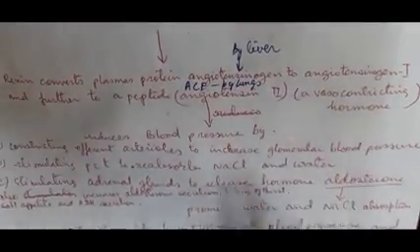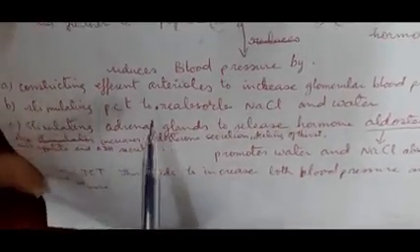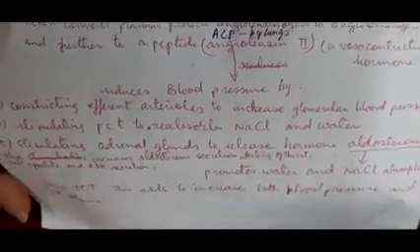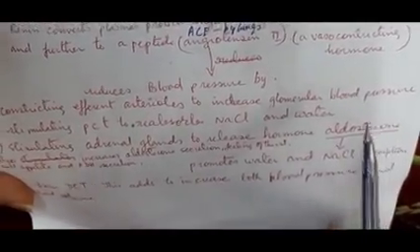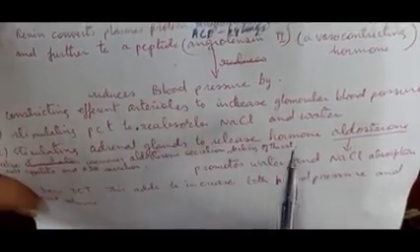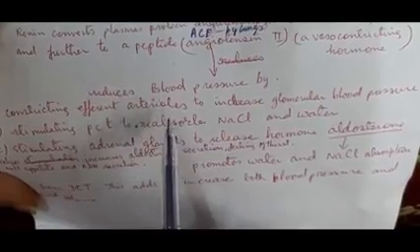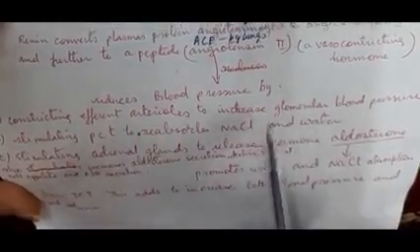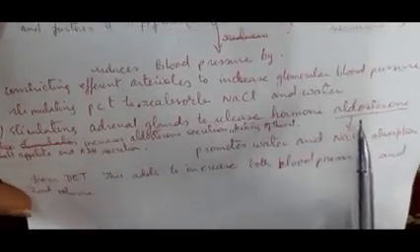So this increases blood pressure by, first of all, constricting efferent arterioles to increase glomerular blood pressure. Means when the blood is coming through the afferent arteriole and the efferent arteriole becomes constricted, what will happen? The blood pressure in the glomerulus will increase.